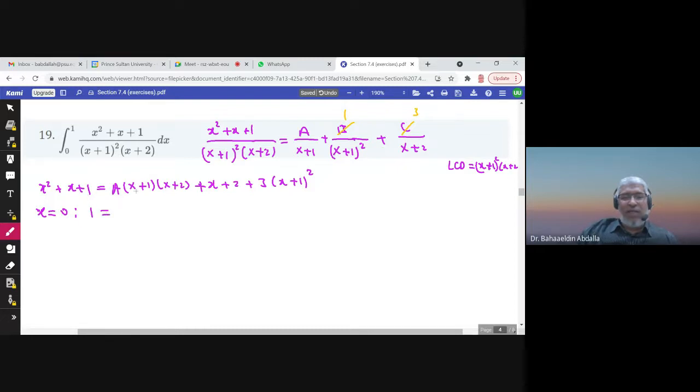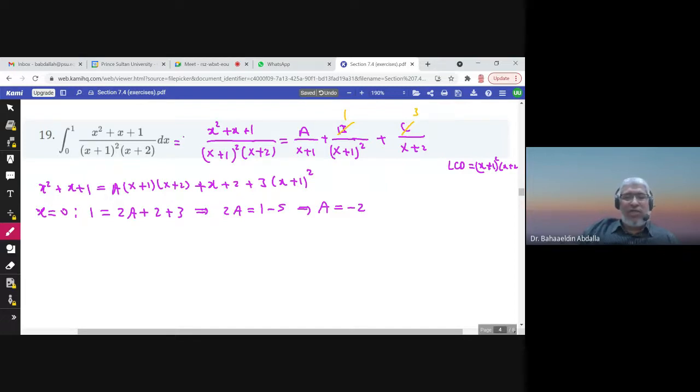The right-hand side: 2a plus 2 plus 1 squared is 1 squared. 1 times 3, 3. So 1 equals 2a plus 5. Take it to the other side. So 2a is negative 4 and a is negative 2.